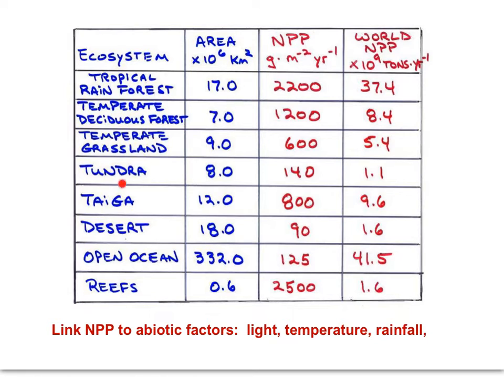Tundra biomes have low NPP values because of low average temperatures and low insolation, sunlight. Deserts also have low NPP values because of the lack of rainfall. Notice that reefs, like equatorial rainforests, have high NPP values. Warm temperatures of the tropics and high insolation in shallow water drive net primary production to high levels.